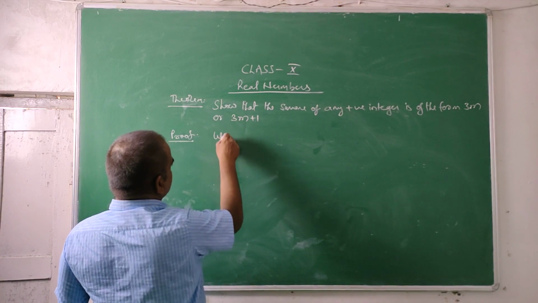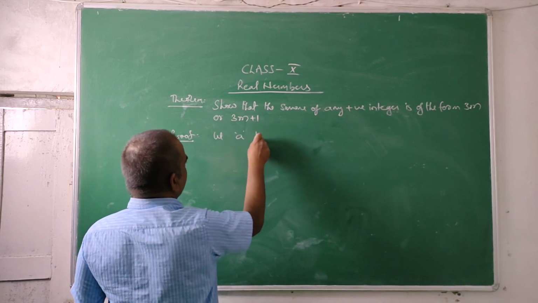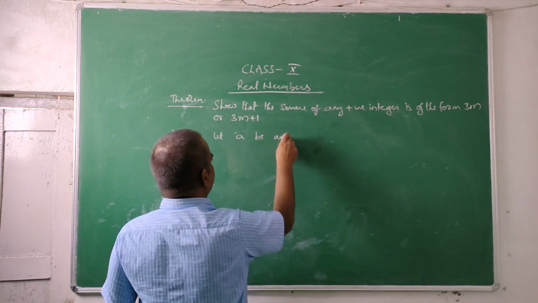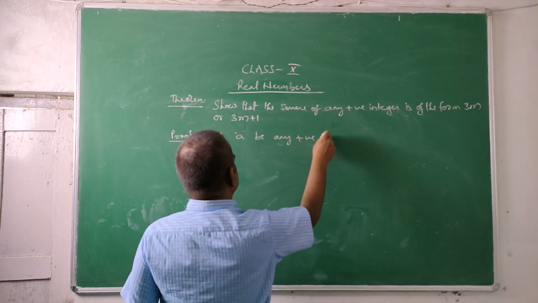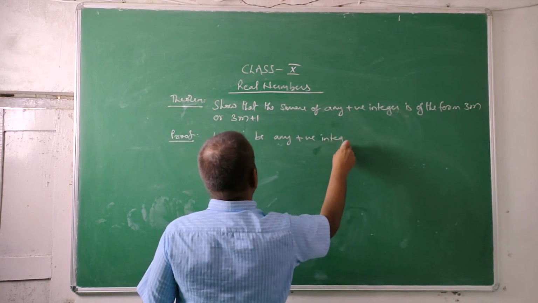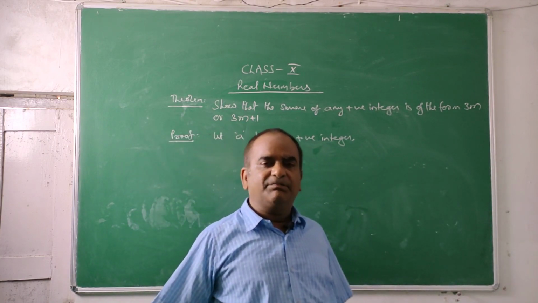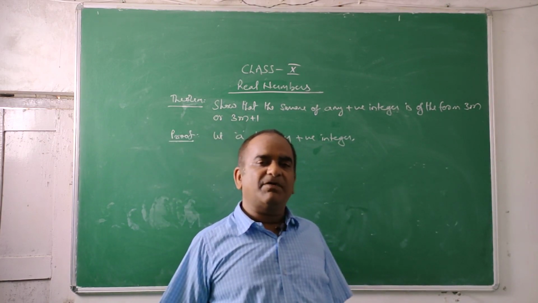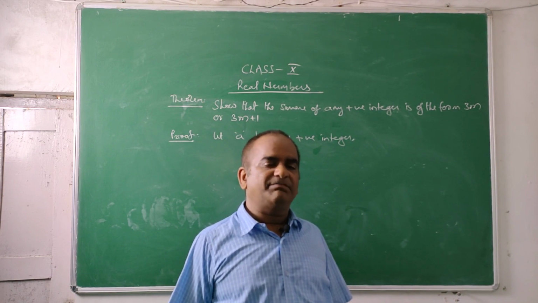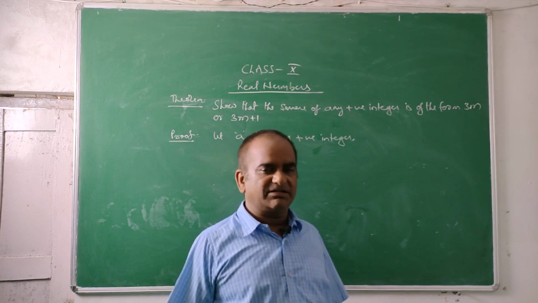So let a be any positive integer. Then by the previously proved theorem, any positive integer will be in the form of 3p or 3p plus 1 or 3p plus 2.